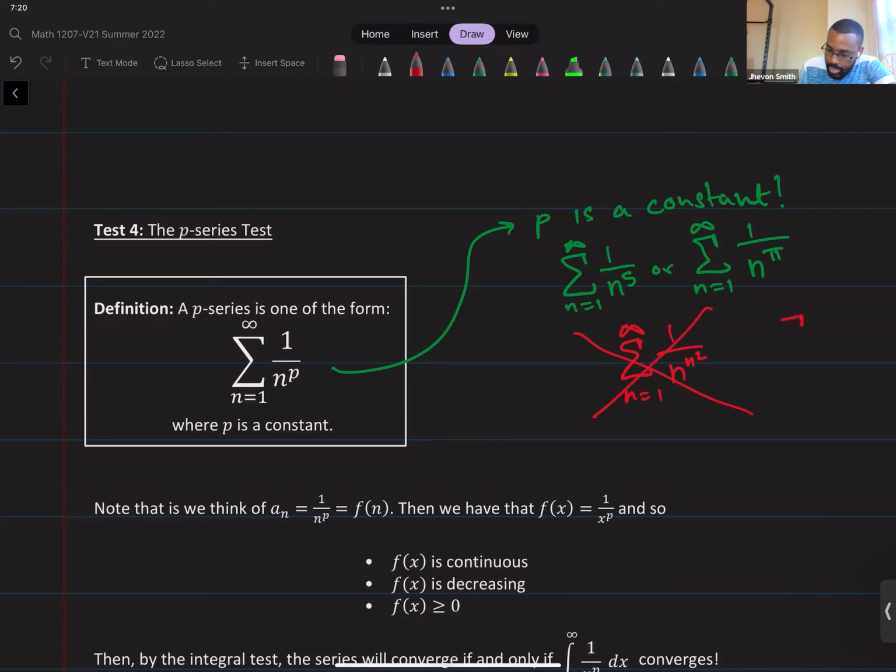Or 1 over n to the n. Not an example of what we're talking about. It's 1 over n to a constant. So your p is a constant. So any series that looks like this, we call it a p series, right?